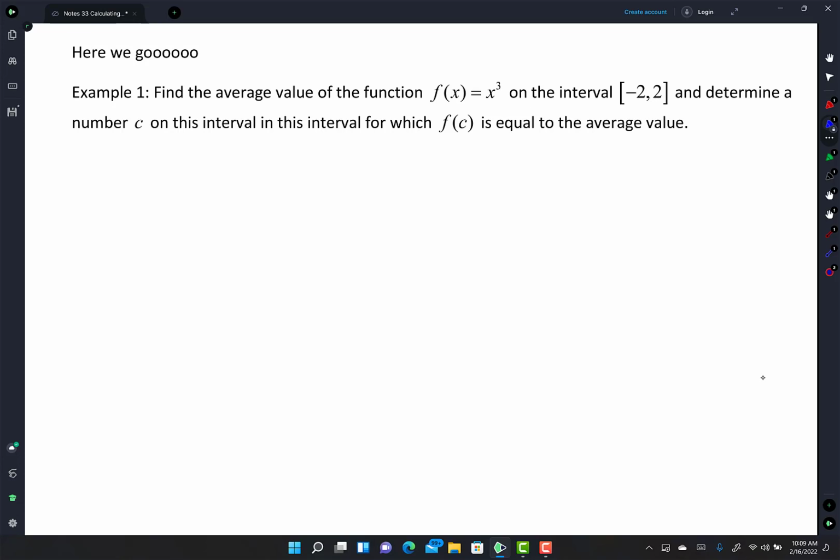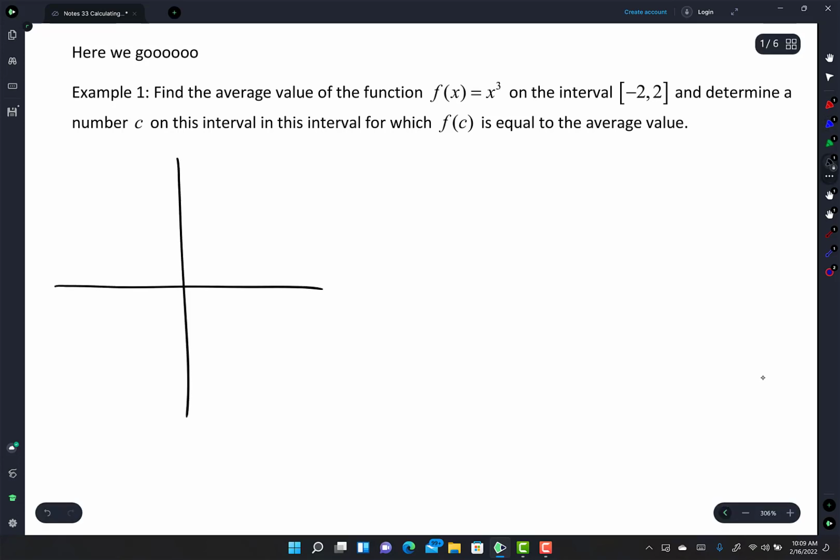Okay, before we even start, what do you think the average value is of x cubed between -2 and 2? Do it visually. Remember that x cubed is an odd function. So if I were to sketch this, I'm going to exaggerate the sketching.